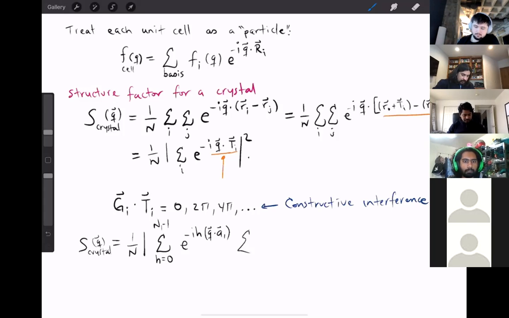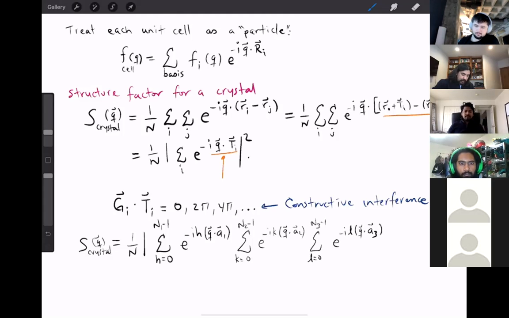And then that gets multiplied by exactly the same thing, except now k is equal to 0 to N2 minus 1, the summation over e to the negative ik, that k is the integer, Q dotted with A2. And then the third one has l equal to 0 to N3 minus 1, and then it would be e to the negative il Q dotted with A3.